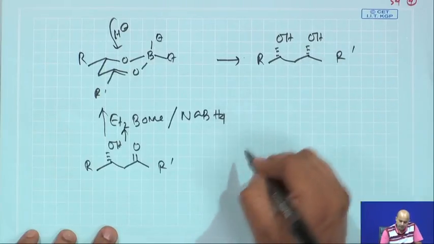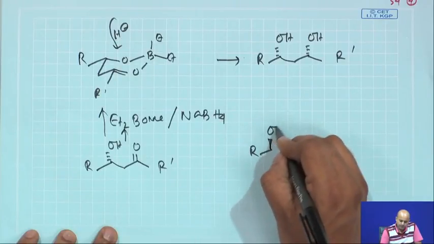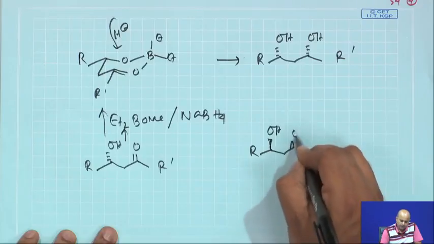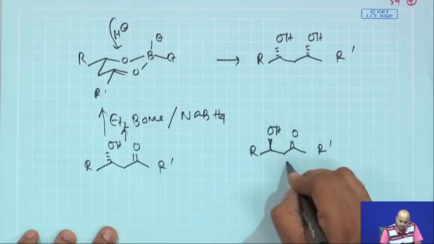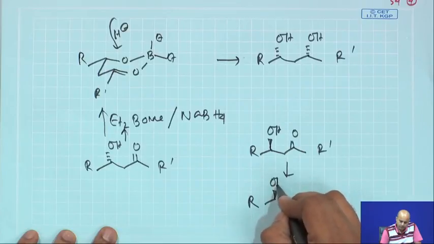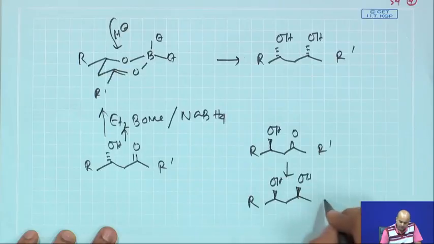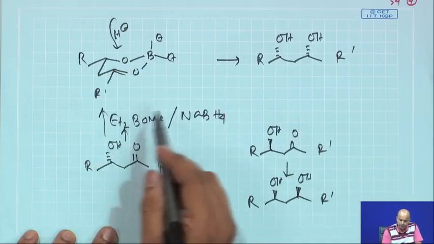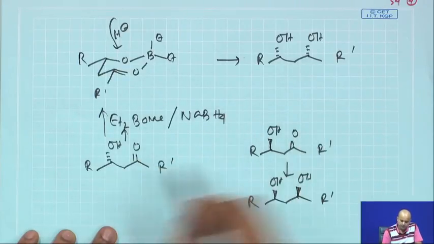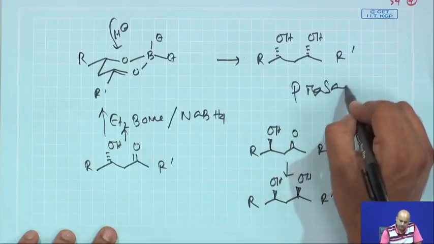If you have the parent alcohol this way, you will definitely get the other syn enantiomer, or syn diastereomer basically. As obvious, the same way the mechanism will operate. So, this is the Prasad-Narasaka reduction.